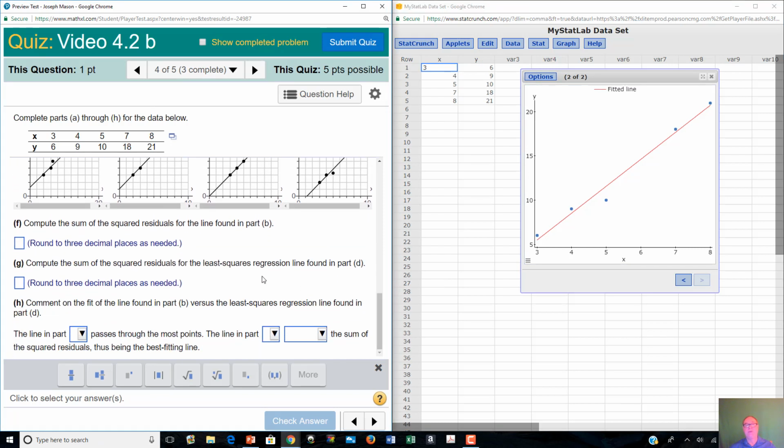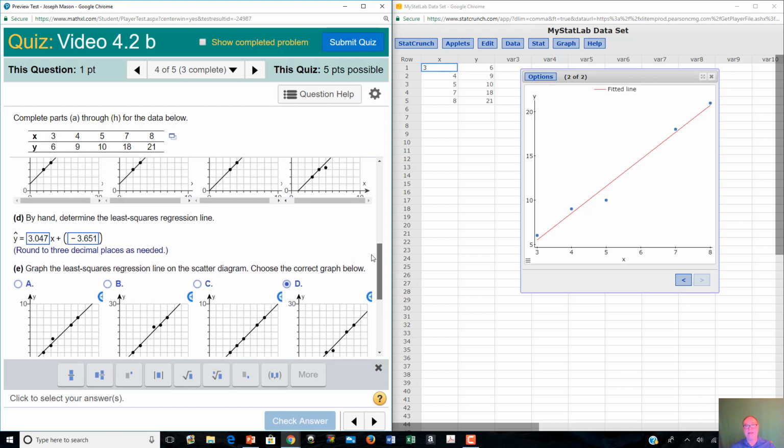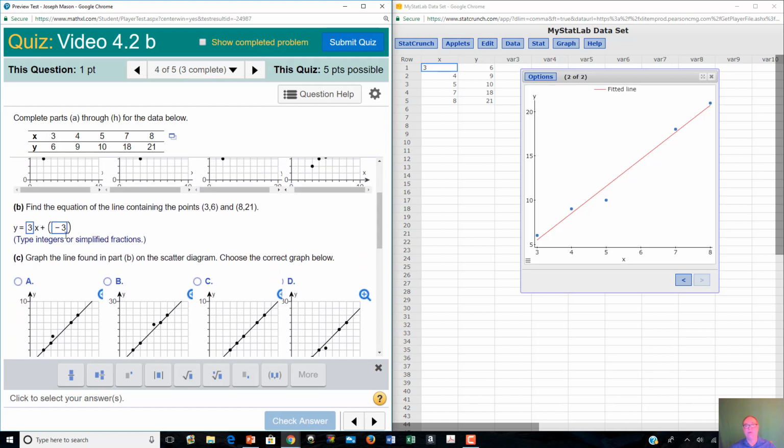Now, compute the sum of the squares of the residuals for the line found in part B. If we go up here to part B, this was my equation for part B. So I need to find the residuals using predictions. I have to go up here and predict each one of these and find their residuals.